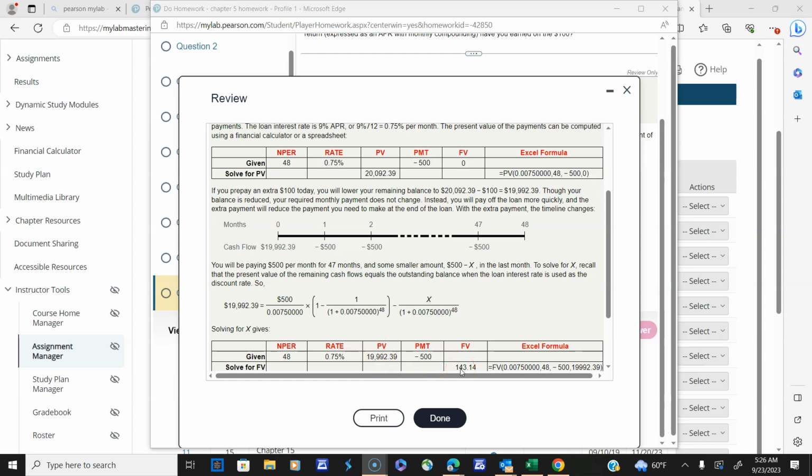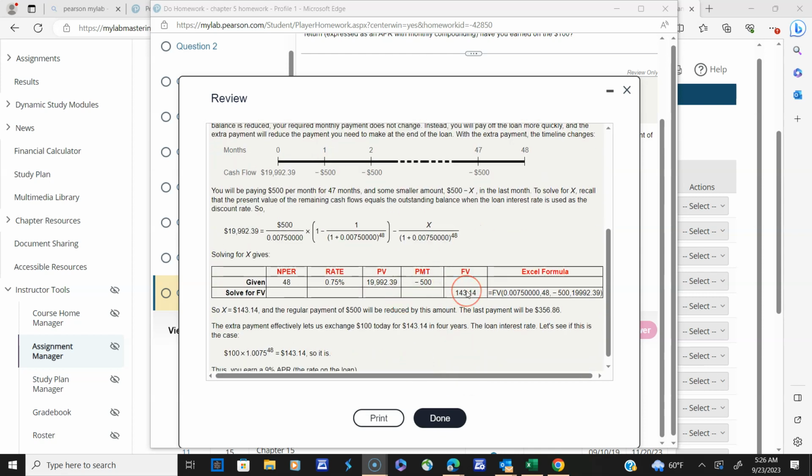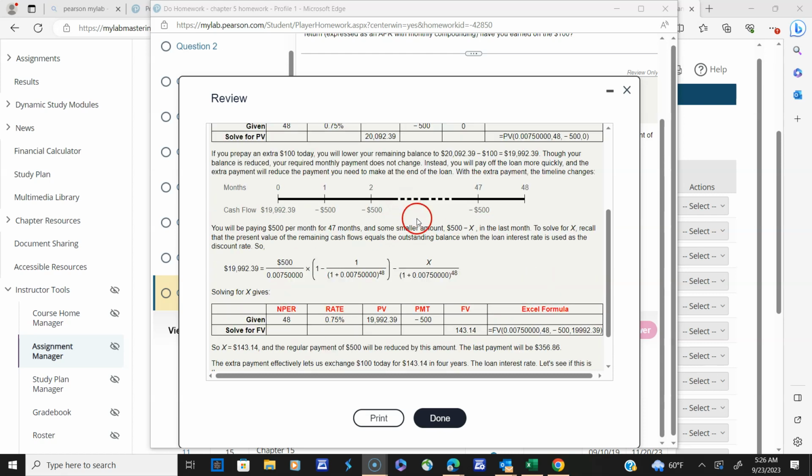So we get the future value of that last payment, and it turns out to be $143.14. Now that's not the payment. You're going to be making a payment here. We solved for X. Okay, as you can see here, it's $500 minus X, that last payment.